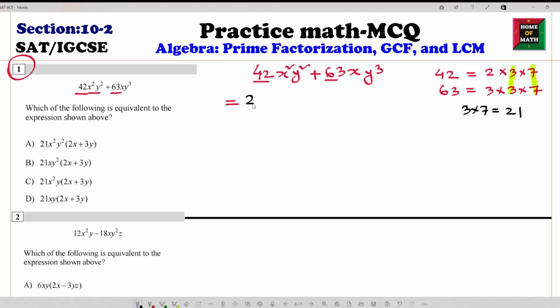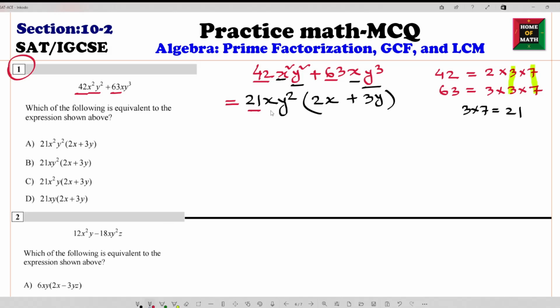So we can take 21 common. Here is one more thing: x square and x, we also take common x. Here is y square and y cube, we also can take common y square. So 42 divided by 21 will be 2, x square divided by x will be x, y square divided by y square, nothing. 63 divided by 21 will be 3, x we already took common, y cube divided by y square should be y. Now which option is correct?